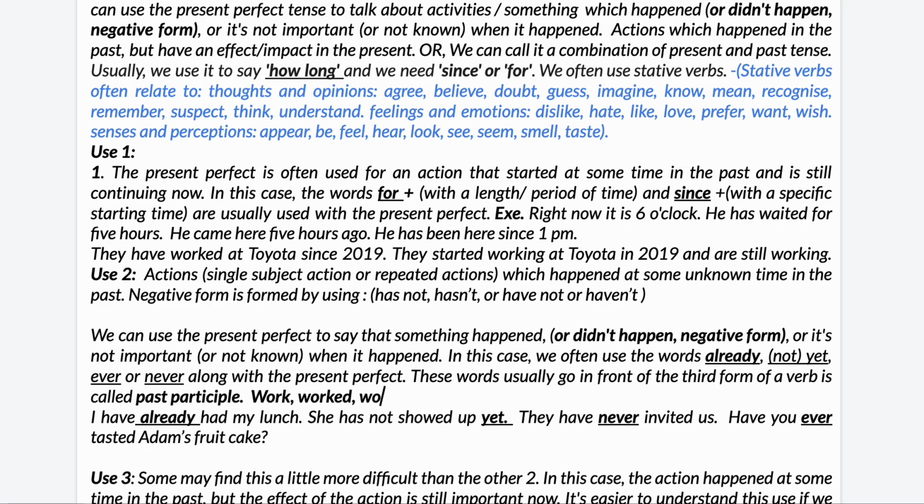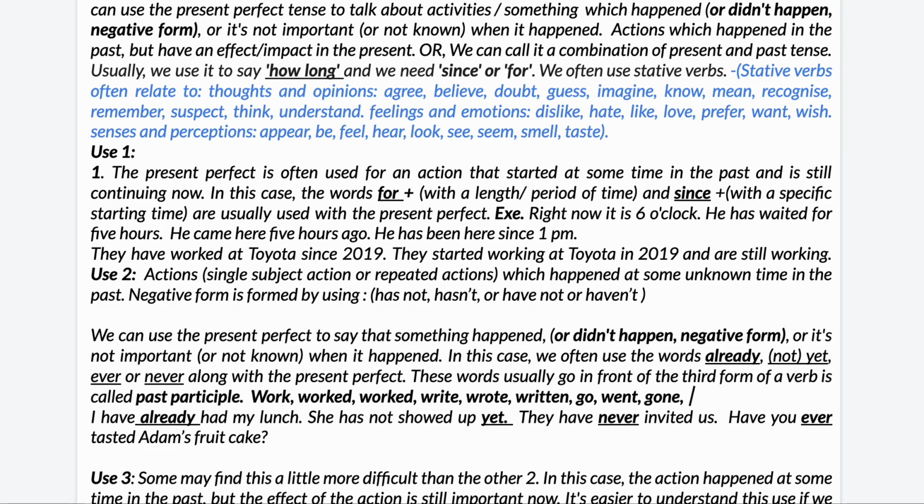Worked, worked, worked. Write, wrote, written. Go, went, gone. So the third form of the verb is called past participle. I'll just give you these examples so you have no confusion.